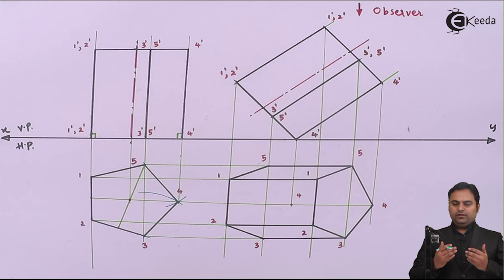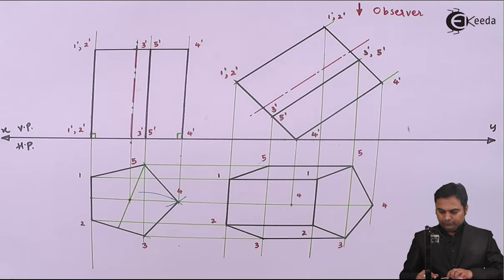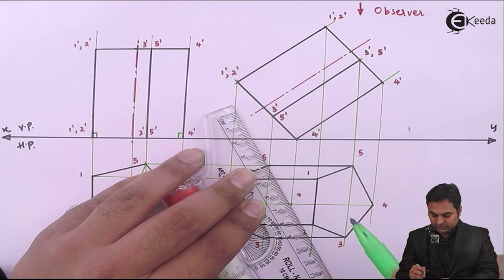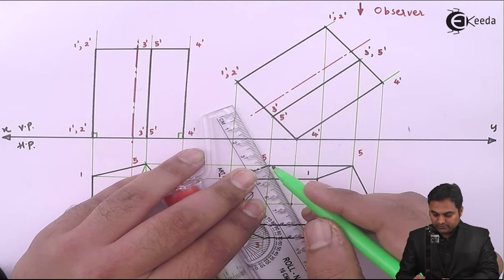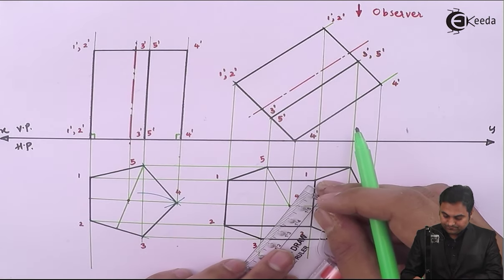But the pentagonal prism is a continuous solid, meaning all the lines are connected. So here, from 4, first I will draw a light line, that is 4 to 5 and 4 to 3.